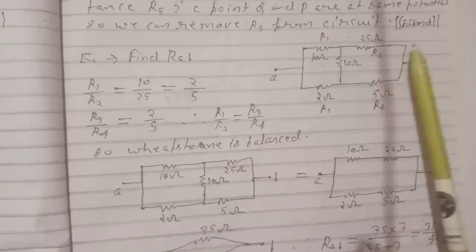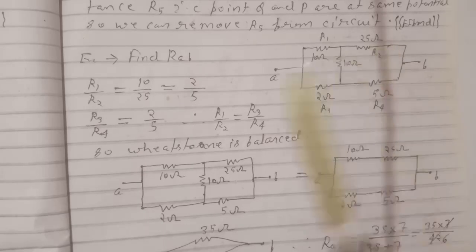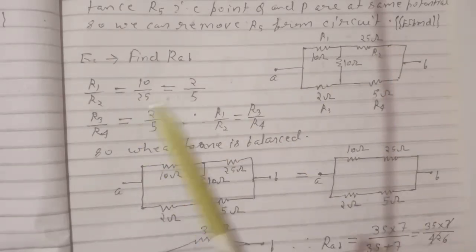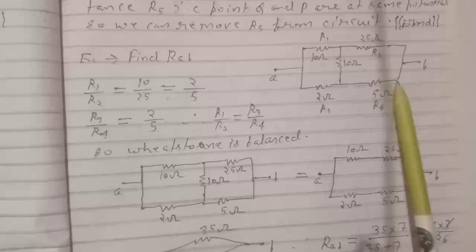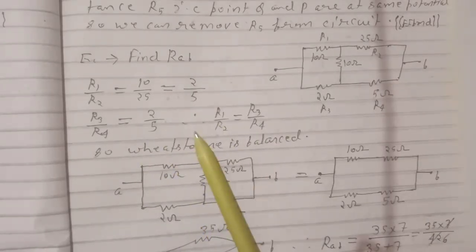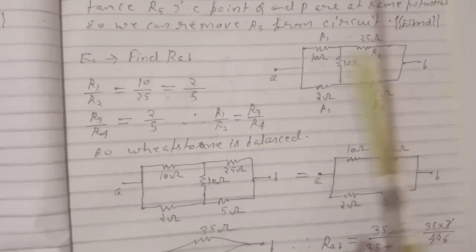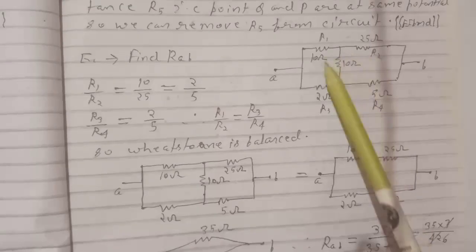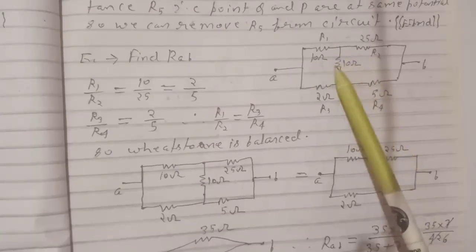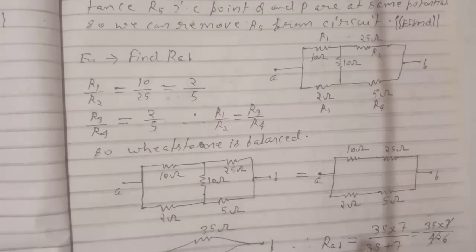R1 by R2 is 10 by 25, equal to 2 by 5, and R3 by R4 is equal to 2 by 5. So hence we see that R1 by R2 is equal to R3 by R4. So the ratio is equal, so it is a balanced Wheatstone bridge. So this resistor will be of no use, and this point will be at same potential.